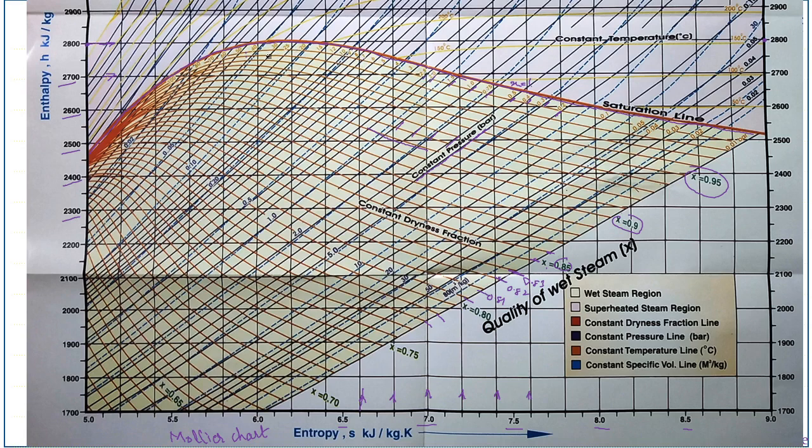So here we can find increasing values of pressure. So here it is 70 bar, so this curve is representing 70 bar, 100 bar. These values written here are for constant pressure curves. So these dark curves starting from y-axis and moving in the ascending direction represent constant pressure curves.